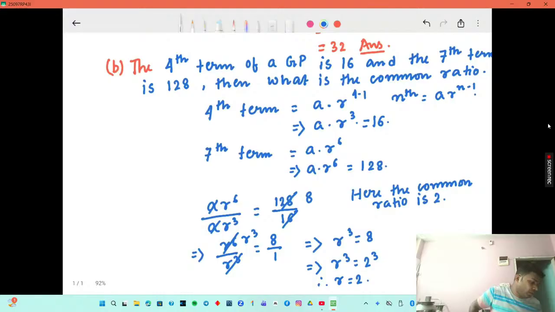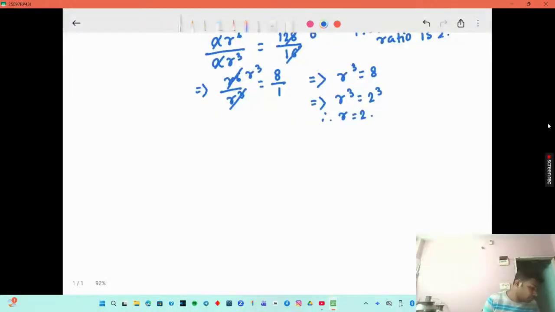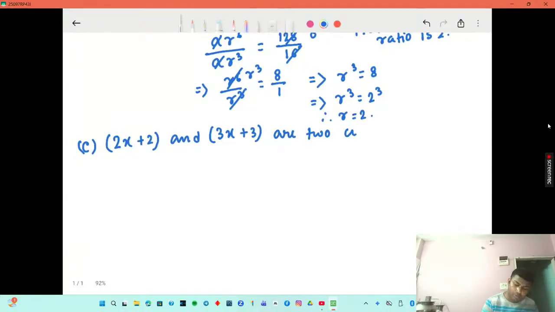And the next question is given as: 2x plus 2 and 3x plus 3 are two consecutive terms of a geometric progression.